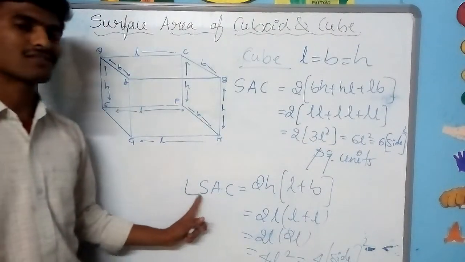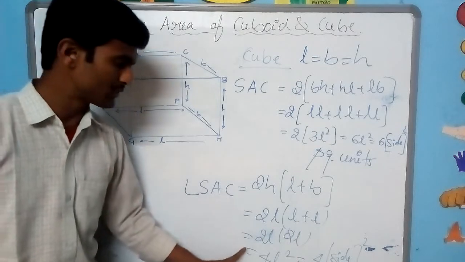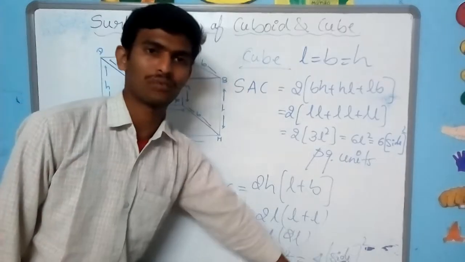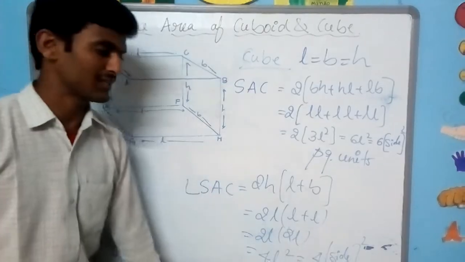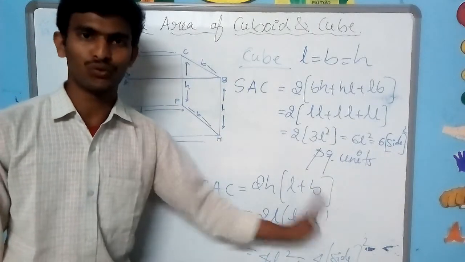Therefore, the lateral surface area of the cube equals 4 into the square of the side. Again, you should express it in square units.